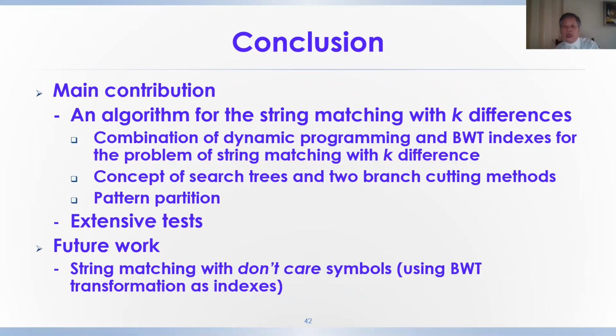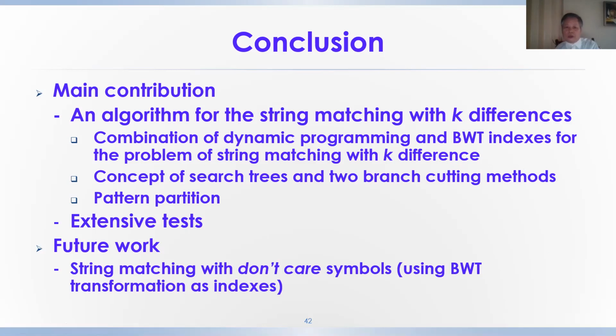In summary, in this talk, I have shown you a method to do string matching with key differences based on two techniques. One is the dynamic programming paradigm, the other one is BWT transformation. We have shown you the concept of search trees, which will be produced by executing our main method.